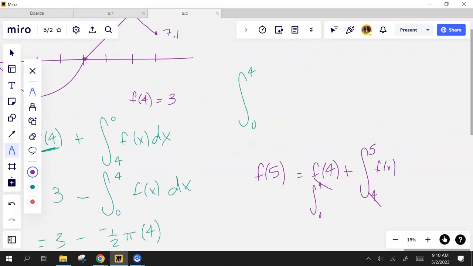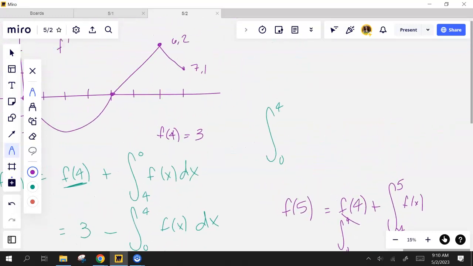So now from 4 to 5 on my graph, I've just got this little piece of a triangle. How do you know the height? I think I'm going to have to do a little slope work. It looks like it's got a slope of 1 because you're up 1 over 1, up 1 over 1.